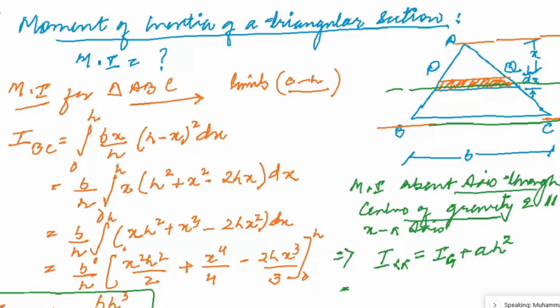But where is that point coinciding? You don't know that, because a triangle can have any angle on any of the sides.